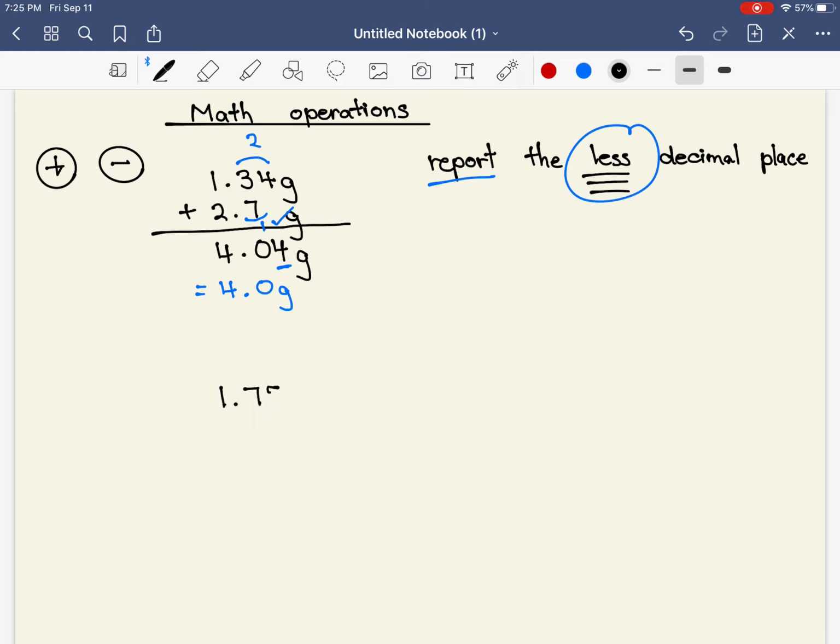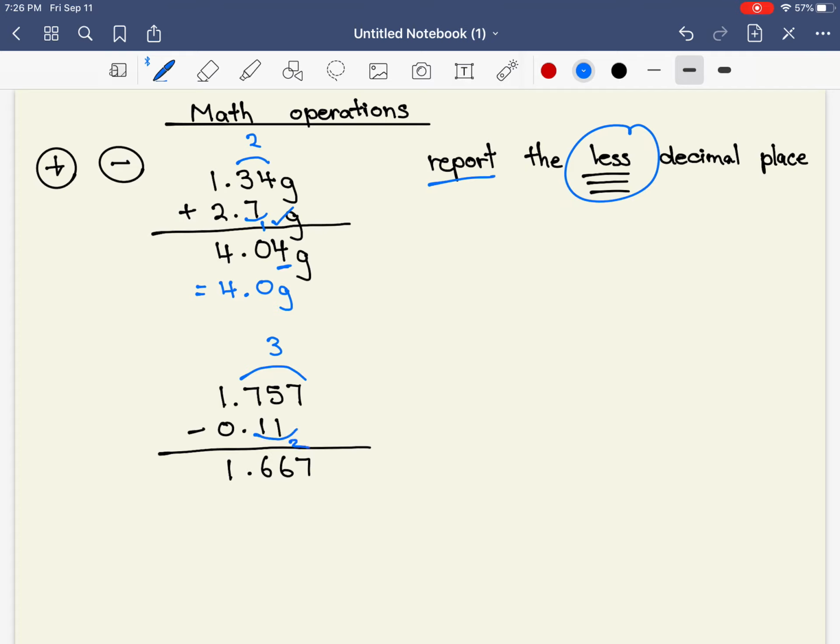Let's see, 1.757 minus 0.11. What would that be? Well, let's do the math first. That would be 7, this would be 6, 6, and 1. Is my answer going to be 1.647? Well, let's see. This number has three decimal places.